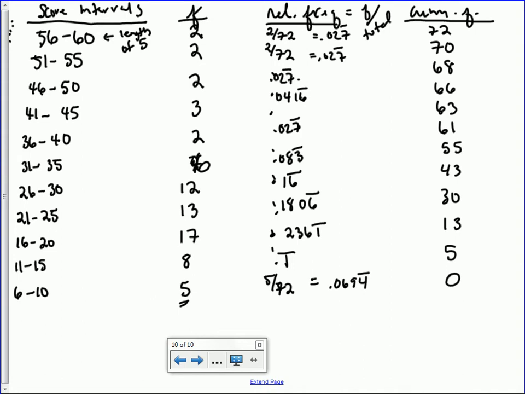Okay, so once you have that, the next thing we're going to do is create our histogram. And I think I'm going to change the page to do that, so you'll want to mark your notes to make sure that you don't lose any of the information.